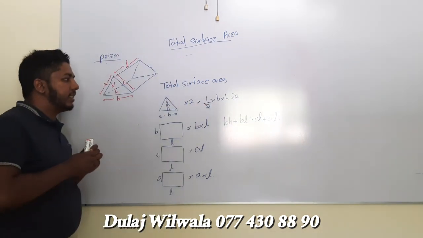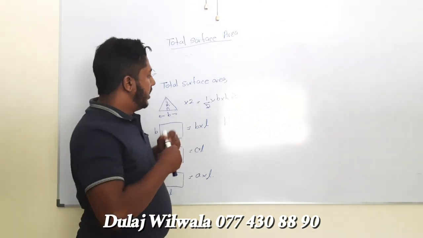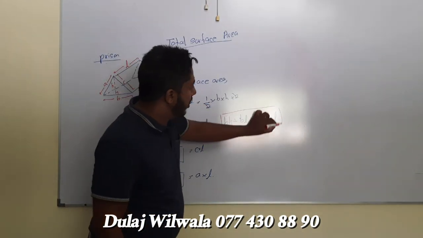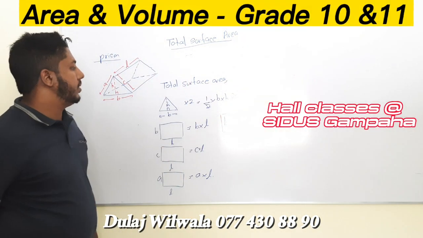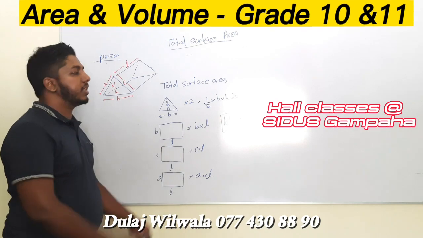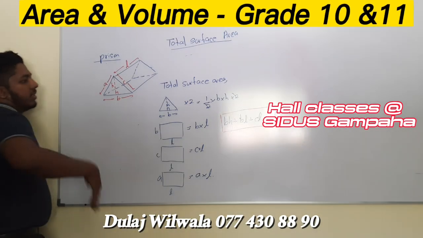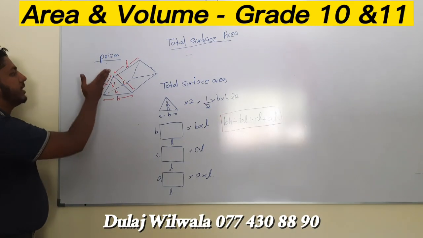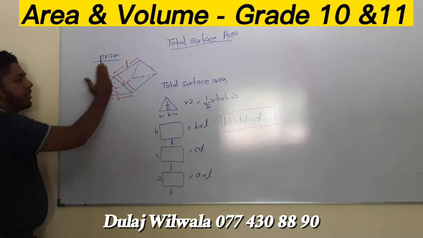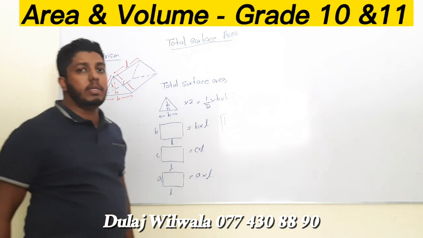But is this a standard equation? No. I'm just explaining this, right? Because this may change according to the triangle. It can change sometimes. If this is isosceles, if these two sides are equal, what will happen?